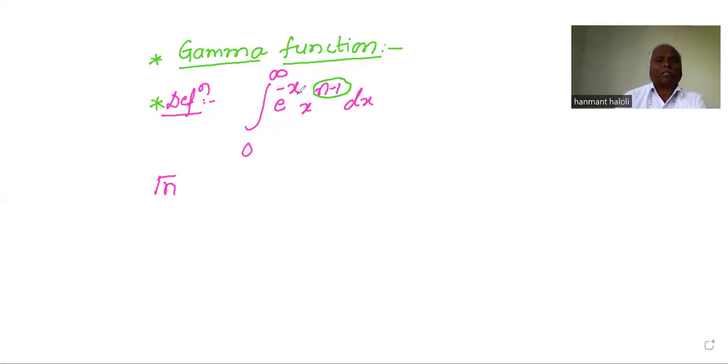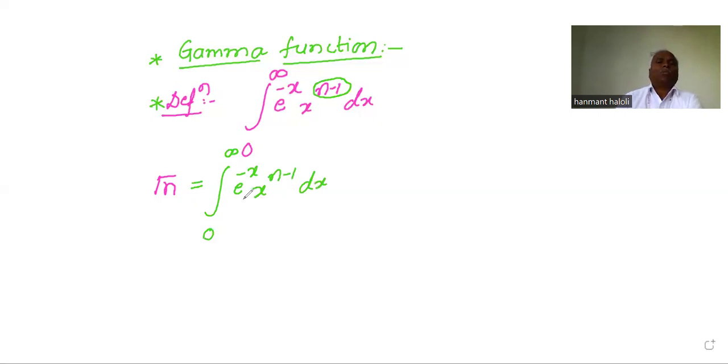In e raised to minus x, x is the variable, and this integral we call the gamma integral: 0 to infinity, e raised to minus x, x raised to n minus 1, dx.